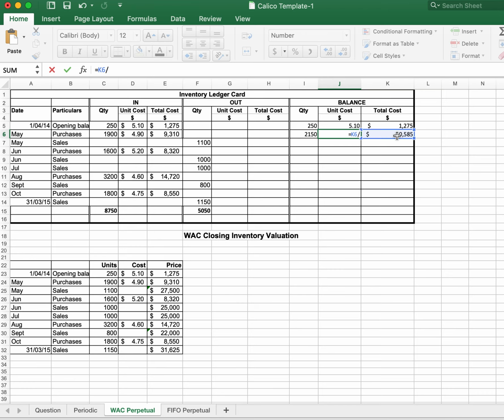It's that amount divided by how many units we've got, $4.92. So that's how much each of those units, even though we paid $5.10, that's the average cost now, $4.92. So when we sell these units, that's what they are, and that's the total cost.